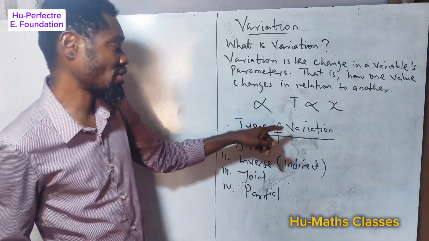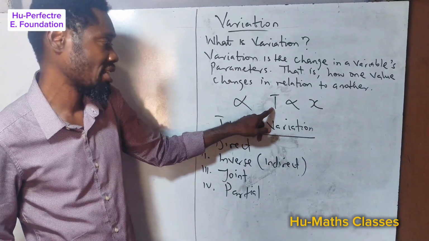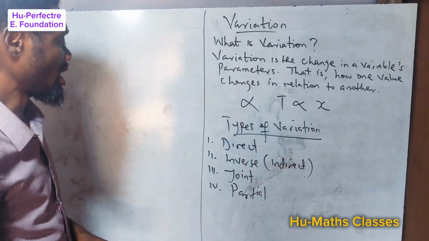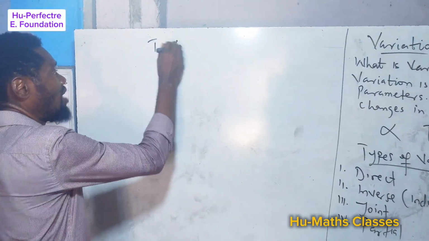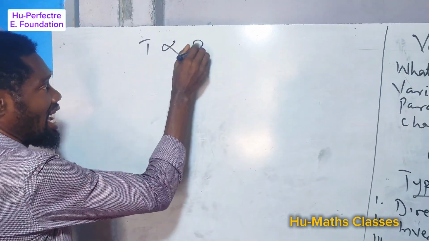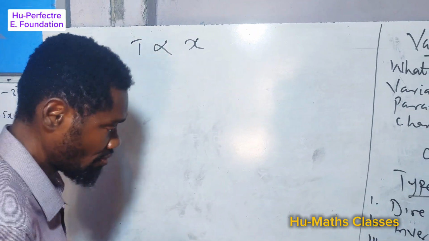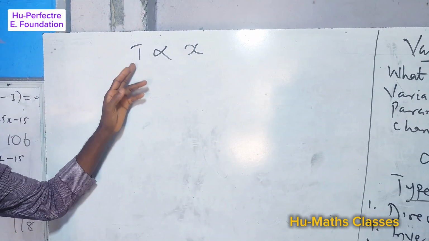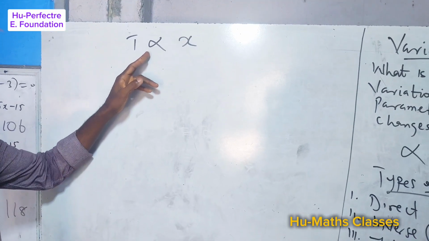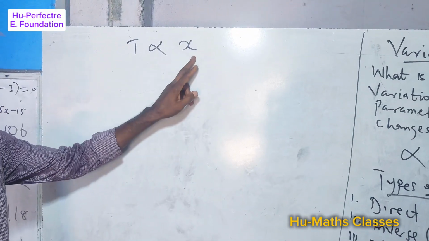Now, this expression I wrote here is a direct variation. So t varies directly with x. Or you can say t directly varies with x.